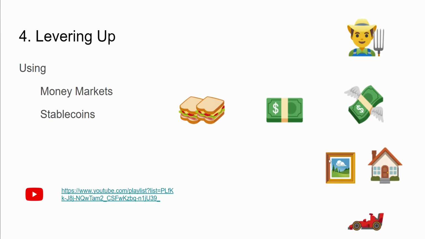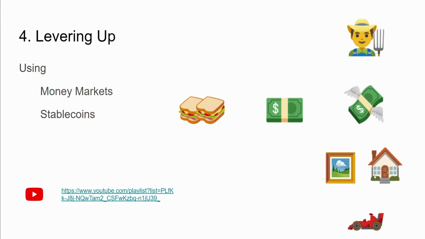Okay, now the last ones I'm going to talk about is levering up as well, but it's a little bit more risky. Okay, so you take some asset, you get some stablecoins or you borrow some assets, and you use those assets to buy some other assets in the real world. So maybe you buy some NFTs. Or maybe you actually buy a house. Now, this is speculation. You're hoping that the value of these assets will go up in the future so that you're actually making money.